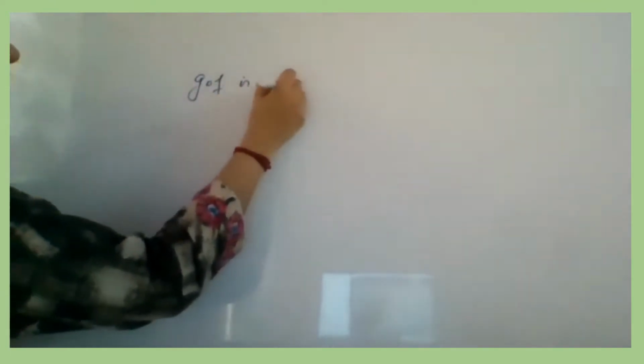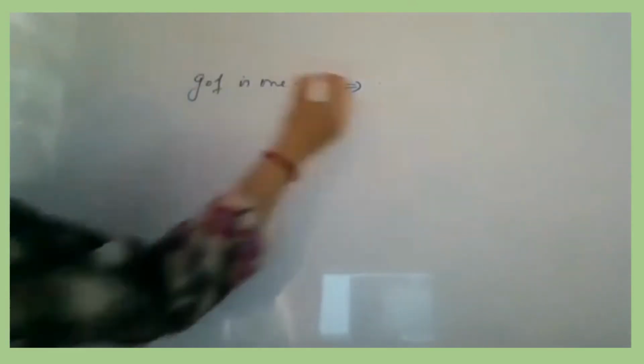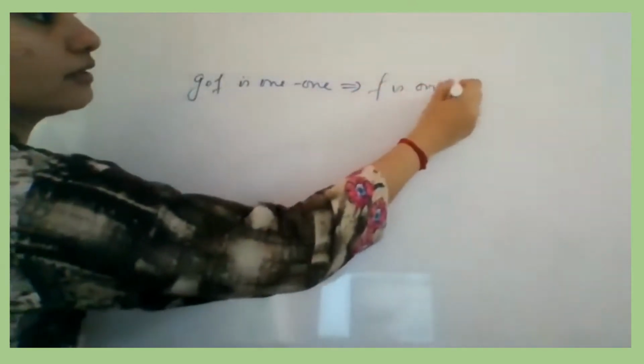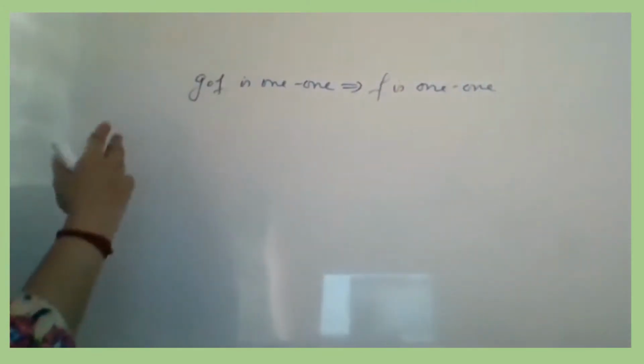Next one. Now, in general, they have given a remark. In general, if G composition F is 1-1, it implies that F is 1-1. Yesterday's problem says that F was 1-1 and the other one was not 1-1.